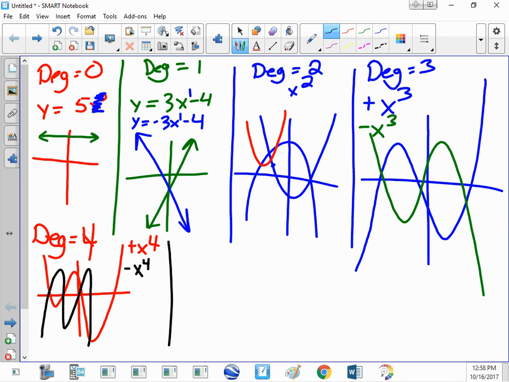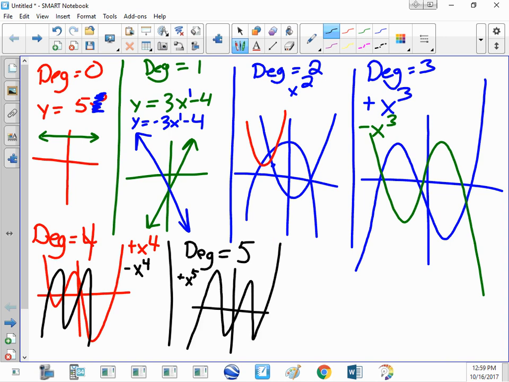Okay. What about degree equaling 5? If I have a positive x to the fifth, where am I going to start? I'm going to start on the bottom. And then I go 1, 2, 3, 4, 5.